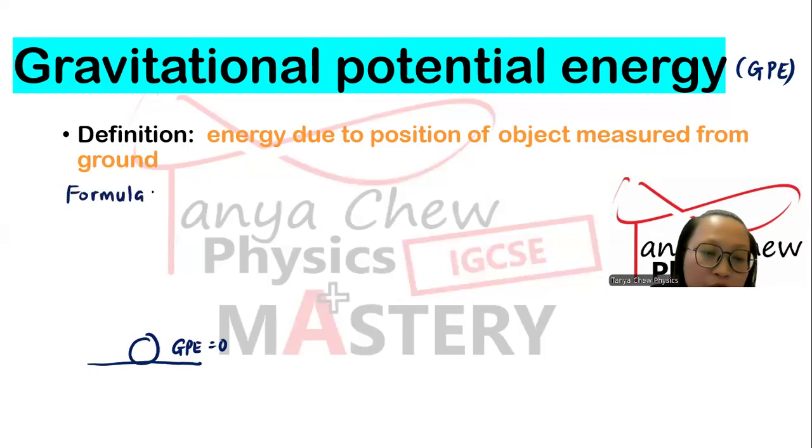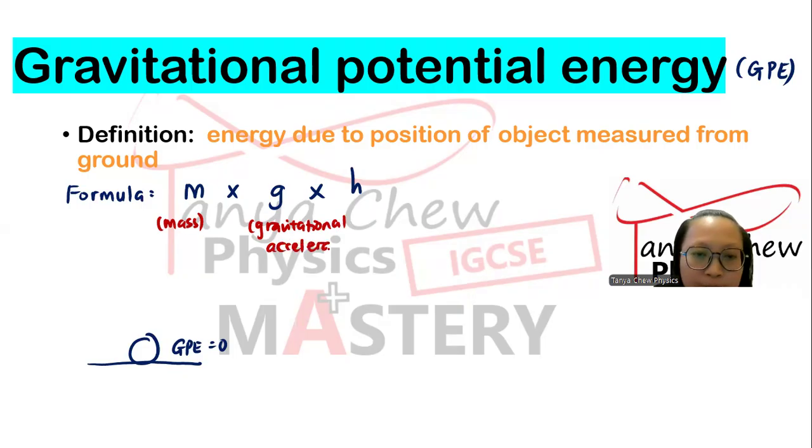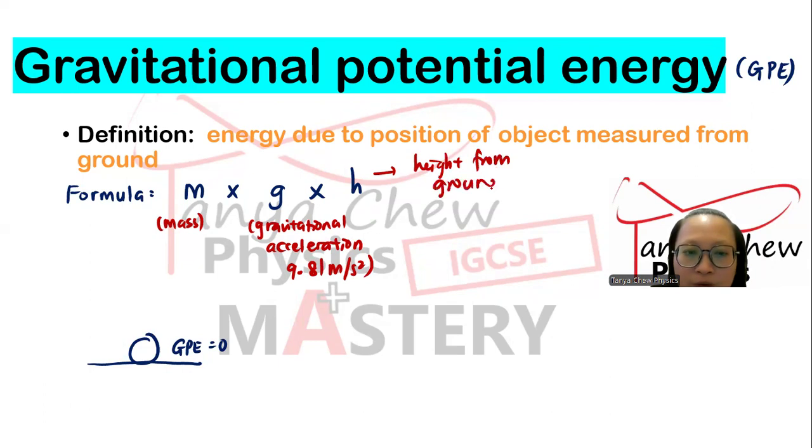The formula of gravitational potential energy is mgh. m represents mass, g represents gravitational acceleration, the value is 9.81 meters per second squared, and h represents height from the ground.